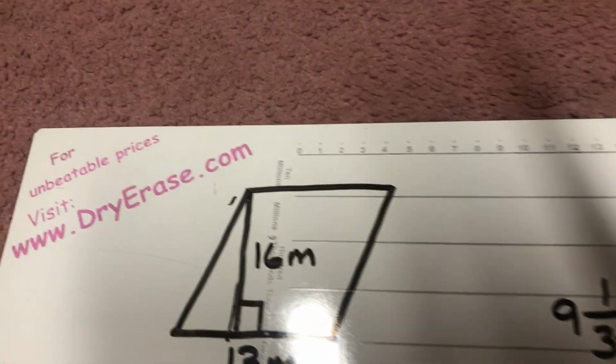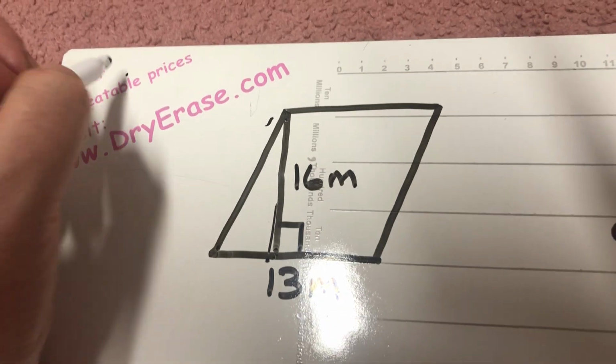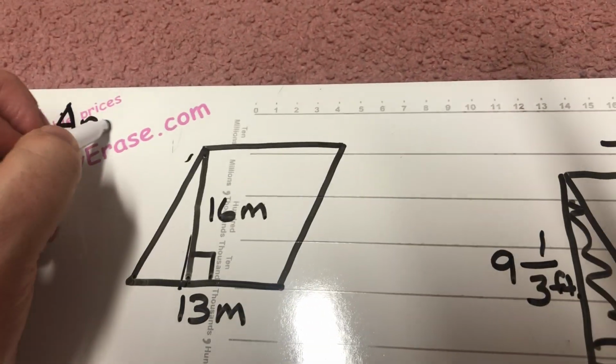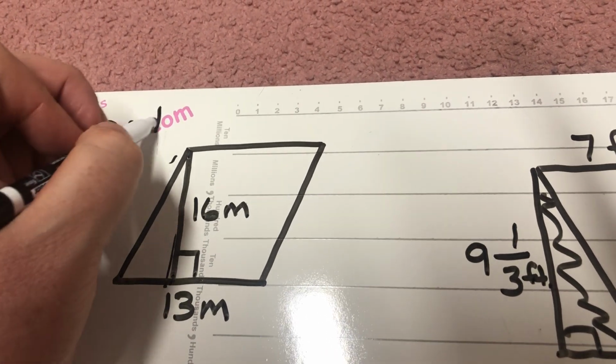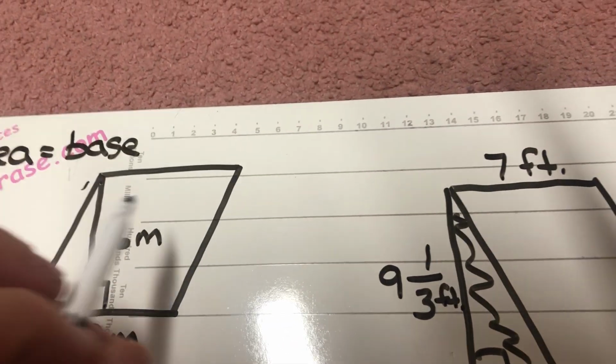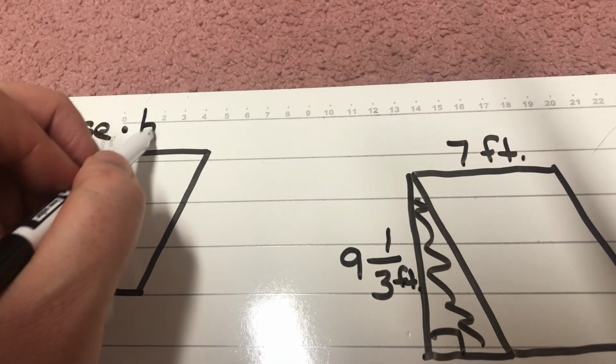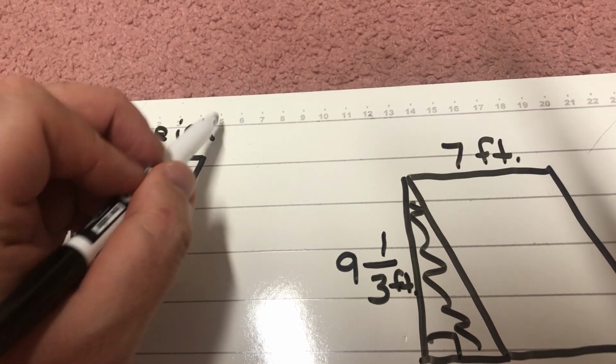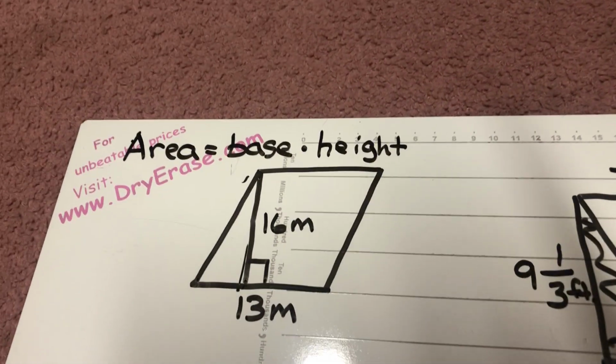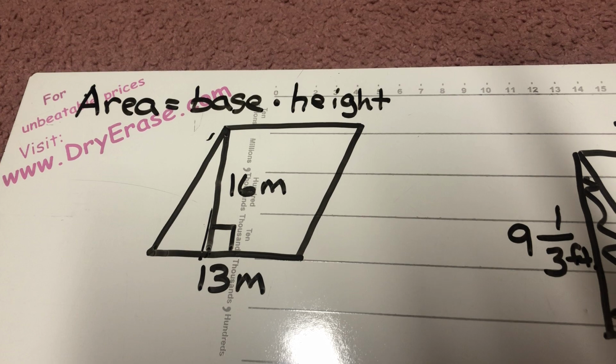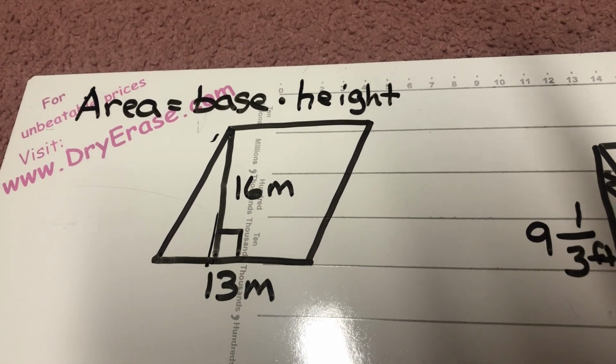Because the formula to find the area of a parallelogram is area equals the length of the base times the height. When I talk about area, I'm talking about how much space it covers. You can equate area to carpet.